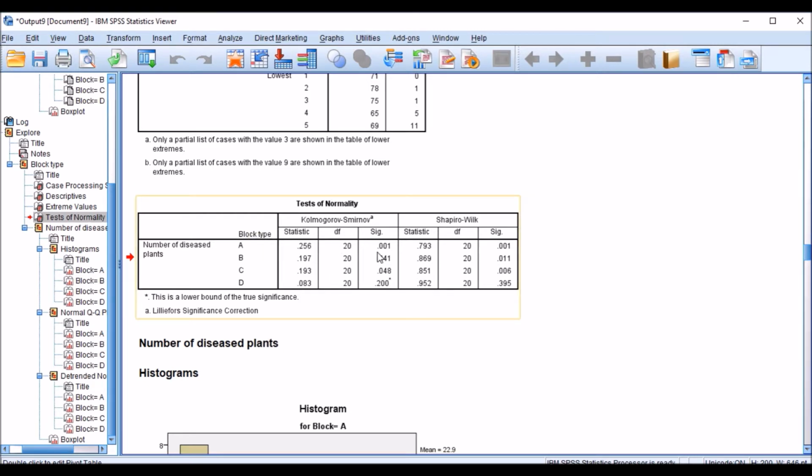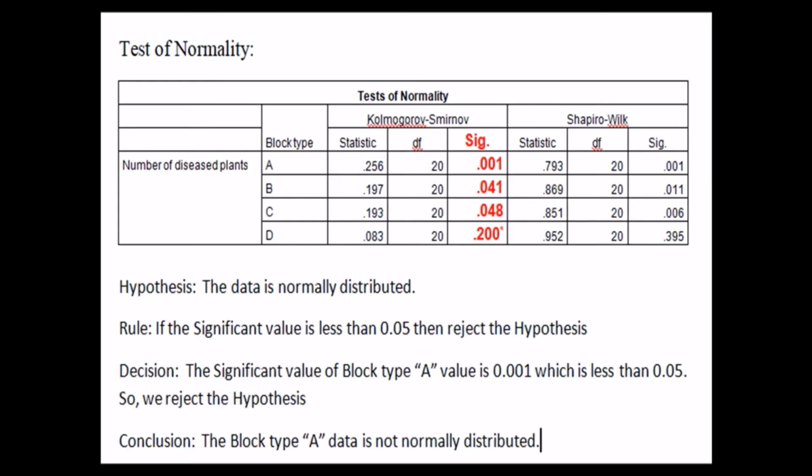A block has 0.001, B block 0.041, C block 0.048 and D block 0.2. To understand whether each block's data is normally distributed or not, we will do the analysis. I have extracted this table from SPSS.